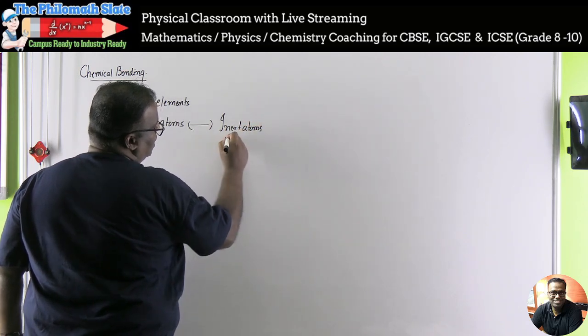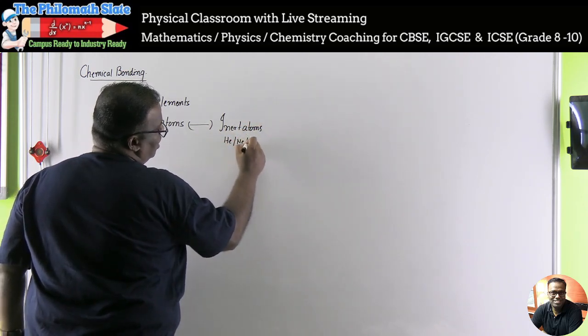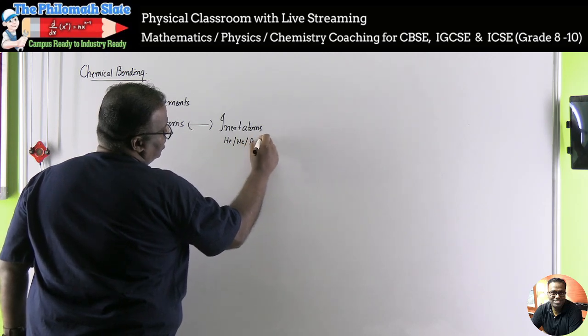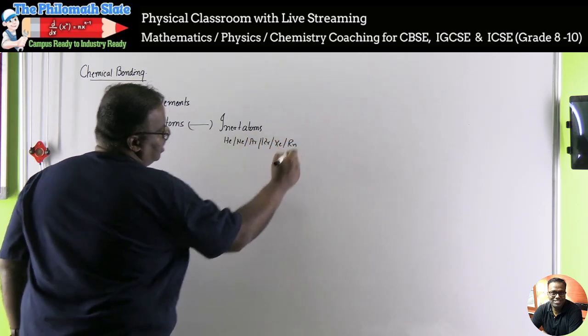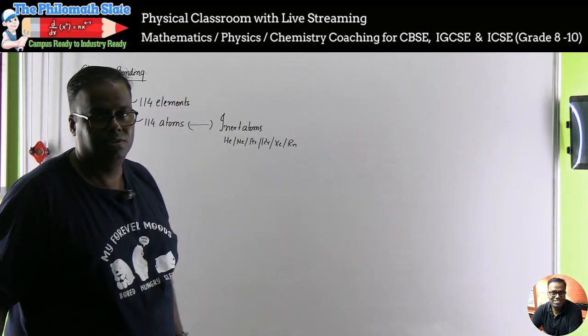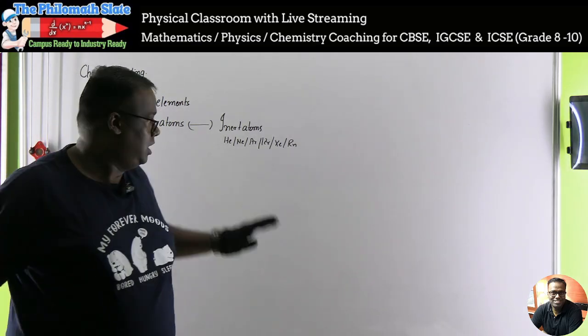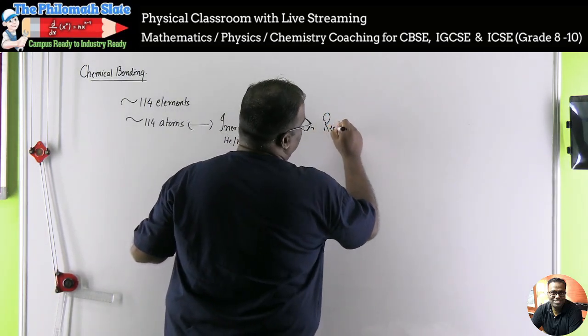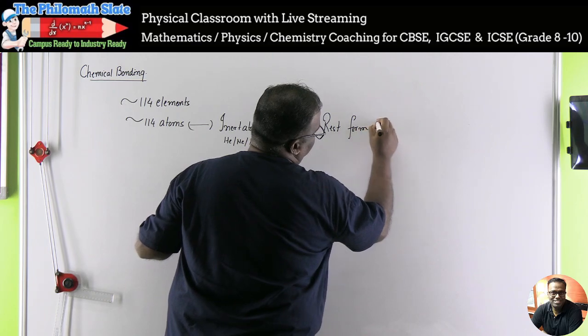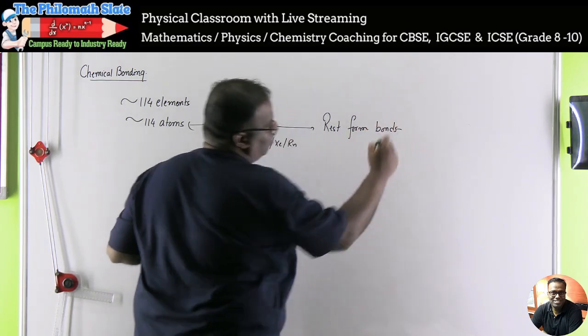Who are the inert atoms? Helium, neon, argon, krypton, xenon and radon. They never form bonds. That's why they are chemically inert. After subtracting them, the rest form bonds. Is the picture clear?